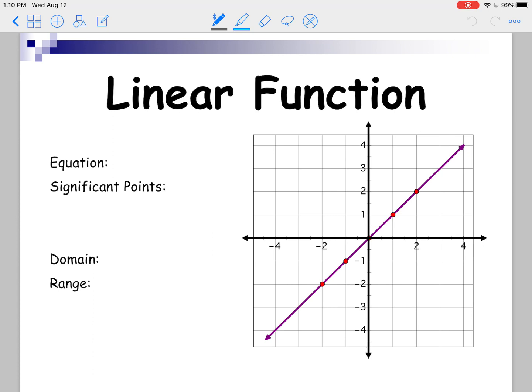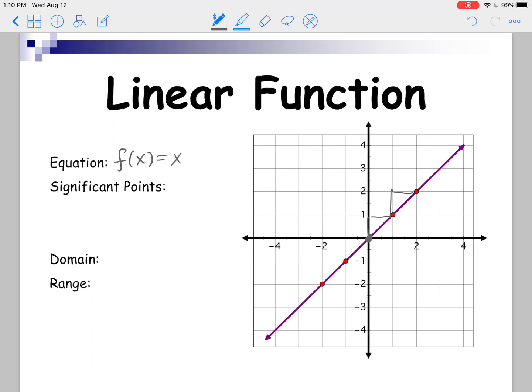Any kind of parent function is the most boring version of that function family you could have. The linear parent function has a y-intercept of (0, 0) and a slope of 1, up 1 over 1. The equation for this is f(x) = x.